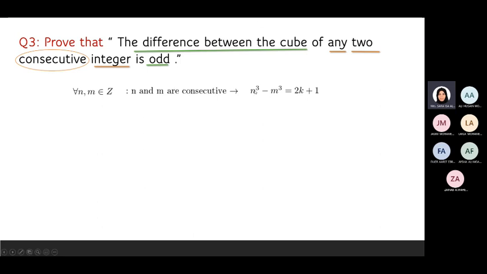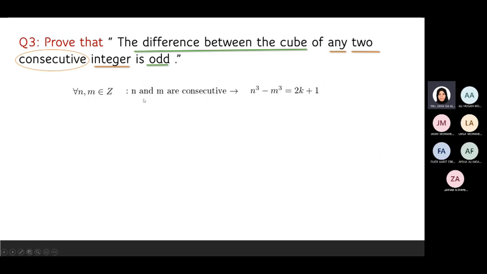Why? Because we can calculate the cube from n. I am assuming something about n. Can I find out directly what n cube is? Yes, I can. I substitute and distribute the power and go further.